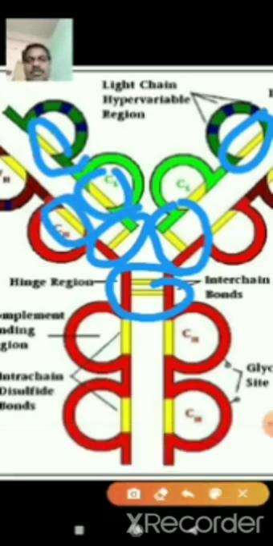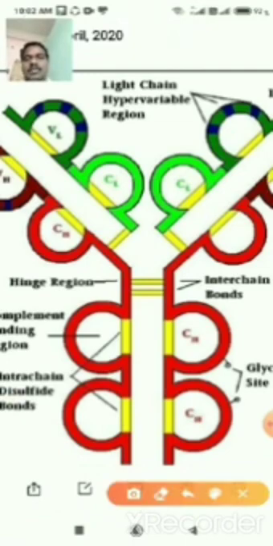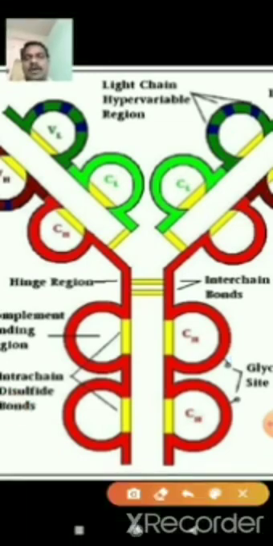These bonds are called disulfide bonds. These disulfide bonds are present here and here, and also in the variable and constant regions.